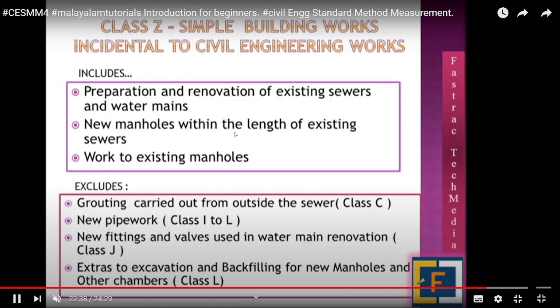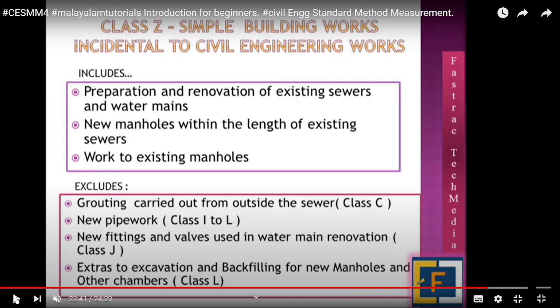So you can claim, okay, new fittings and valves used in water mains renovation work. You cannot ask for those charges in class Z. You have to give the prices as defined in class J. It includes labor charge, machinery, whatever resources you are using, those charges should be included.